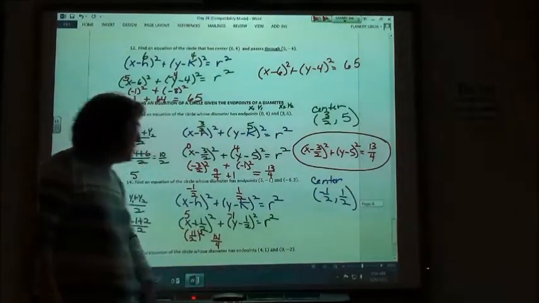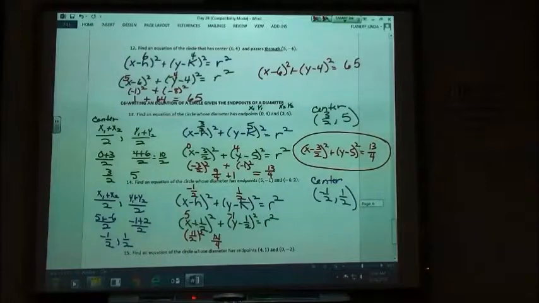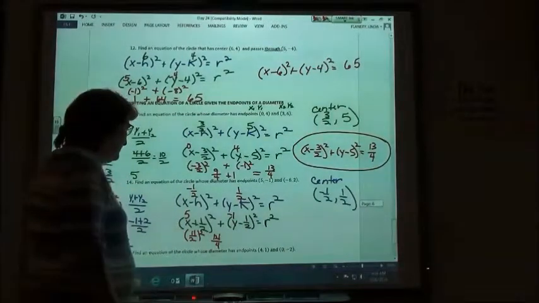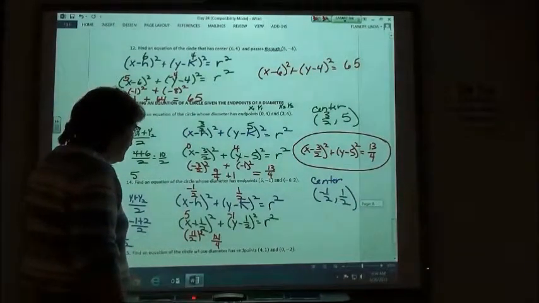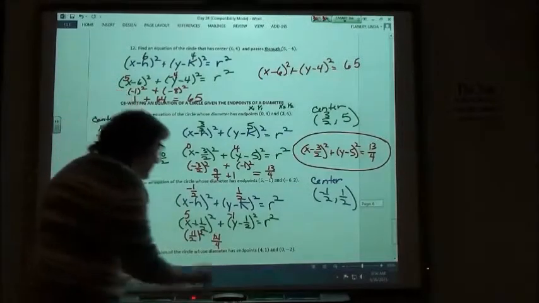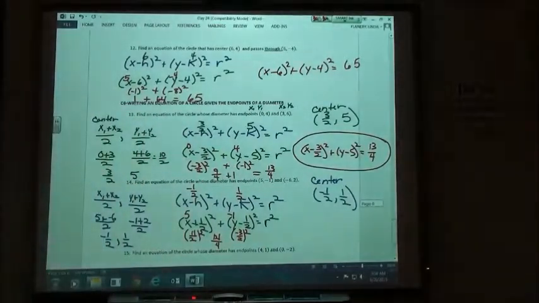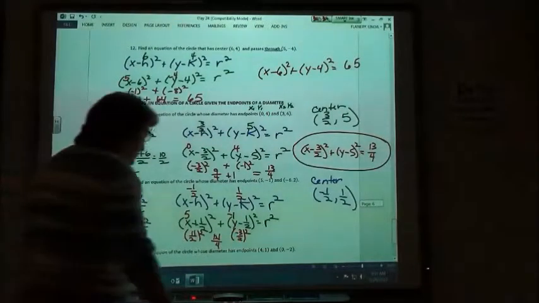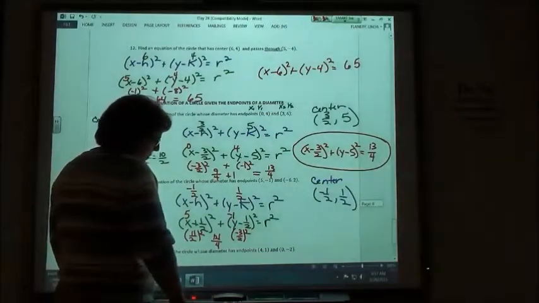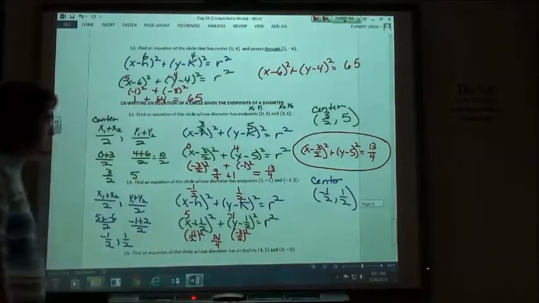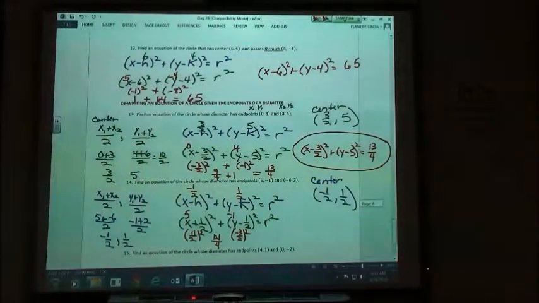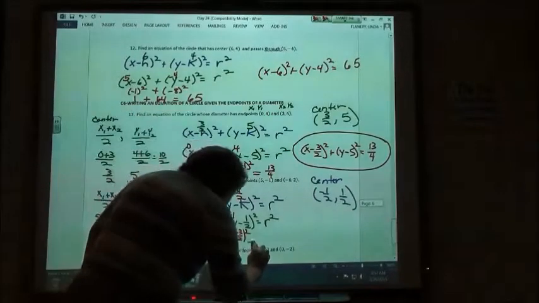In the second set of parentheses, we have to do -1 minus a half, which is -3 over 2, and when we square that, we get plus 9/4, right?